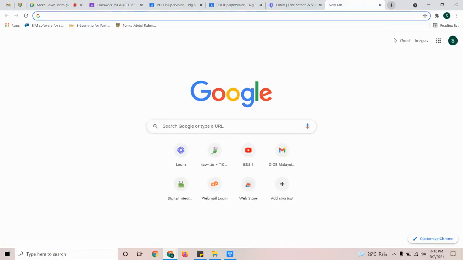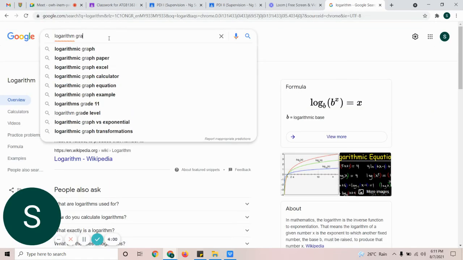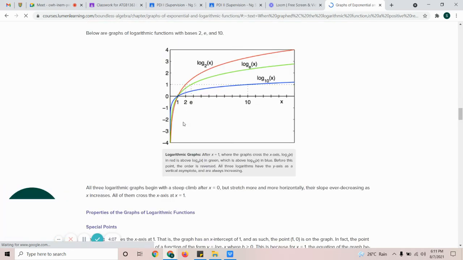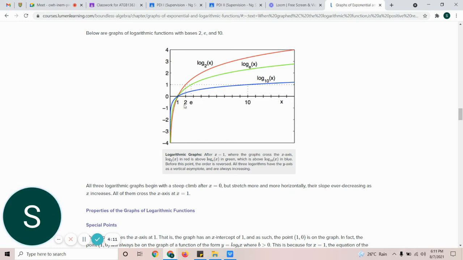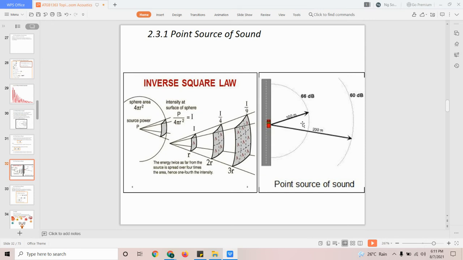Hopefully you can find a graph scale. Logarithm is to the power of 10, meaning at very low values the range is small, and when it goes to a very big range or scale, logarithm is able to simplify these values. Because the value range of sound has very big differences, a pin drop and an airplane have a very big difference in value.